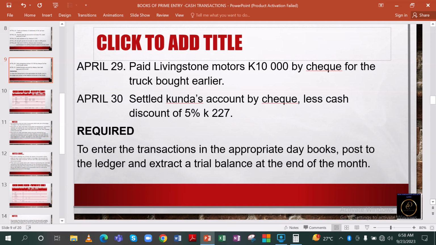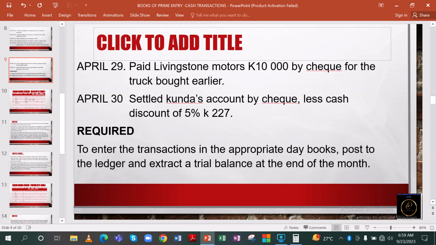I paid Livingston Motors 10,000 by check for the truck bought earlier. So there was a transaction on credit. Now this company, Livingston Motors, will finally be paid. We paid Livingston Motors 10,000, so the cash book bank payment side is giving out the 10,000. So we're going to see this transaction listed under the cash book bank payment side, 10,000.